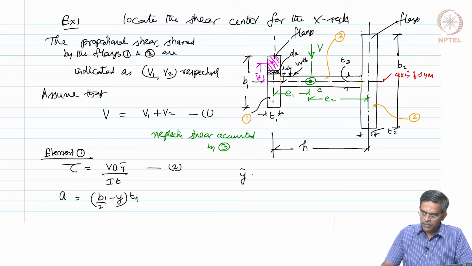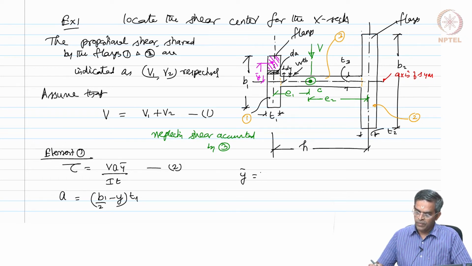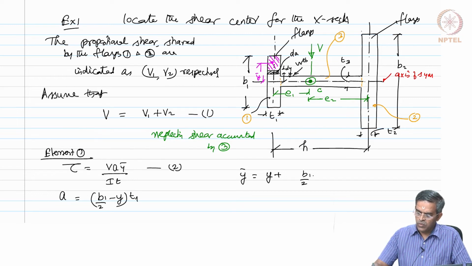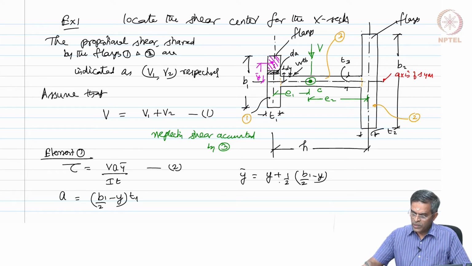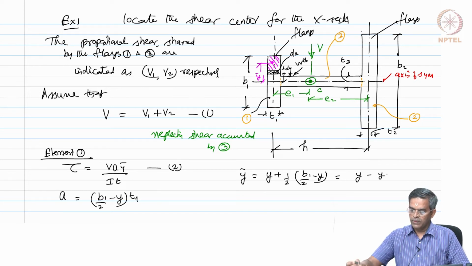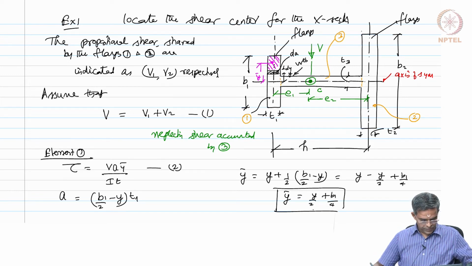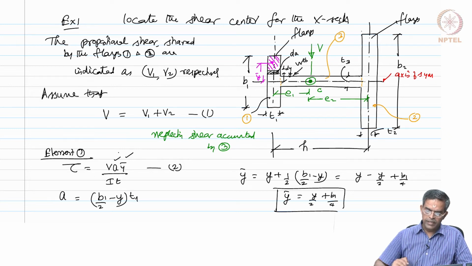Let us say y bar is y plus B1 by 2 minus y, half of that, which will be y minus y by 2 plus B1 by 4. So, I can now say y bar is y by 2 plus B1 by 4, because we need y bar here, we need a here.